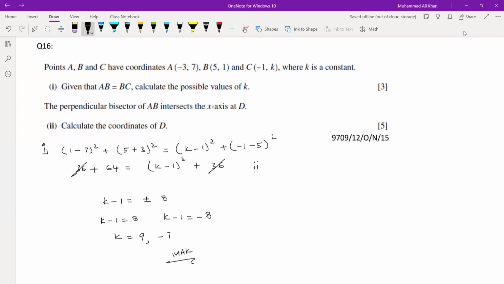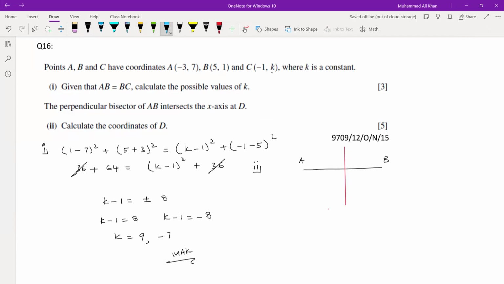Second part. Calculate the coordinates of D, where the perpendicular bisector of AB intersects the x-axis at D. Let's say here it is AB, and this line is the perpendicular bisector of AB.